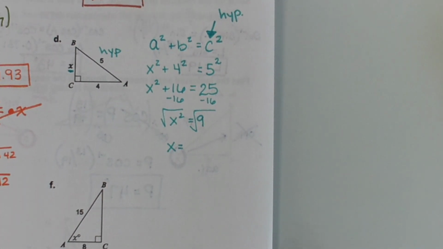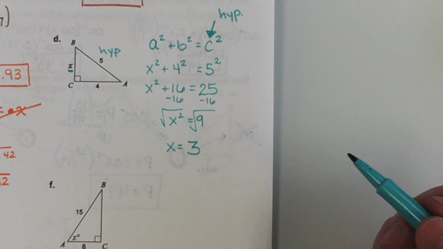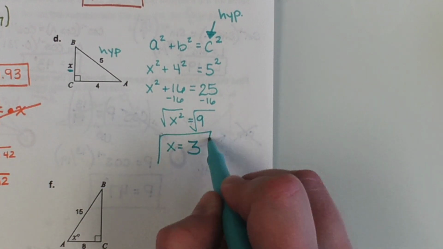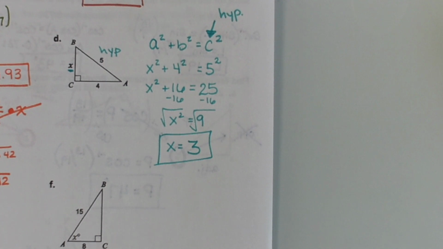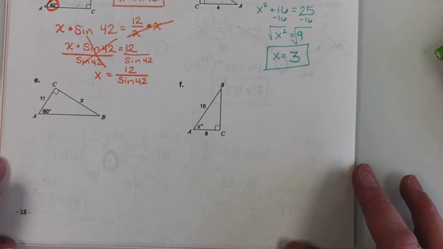Now this one's nice, it's 3. If it's not nice, that's okay. You don't have to simplify the square root anymore, you just type it into a calculator and evaluate it. Round to the nearest hundredth if necessary. So Pythagorean theorem still comes out. Okay.